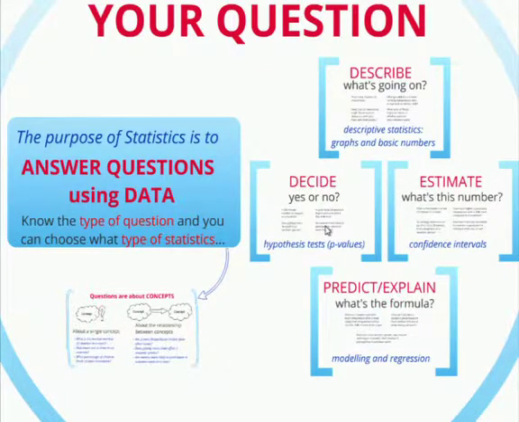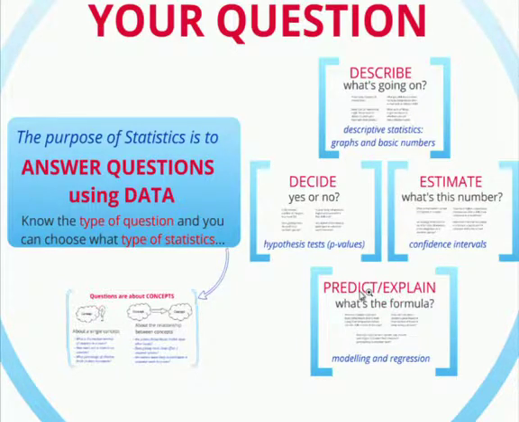And even before you get to that stage, you're going to have to figure out what sort of formula it might even be by having a look at the shape of the graph that you see. And so you're going to have to do some descriptive statistics as well. That's why it's at the bottom. In order to do predict or explain, you're going to have to do all of these things anyway. I'm going to talk about that next week when I talk about regression. I'm also going to talk about the fact that sometimes you may have a decide question, a yes or no question, and the quickest way to answer it is to find the formula that goes with it.